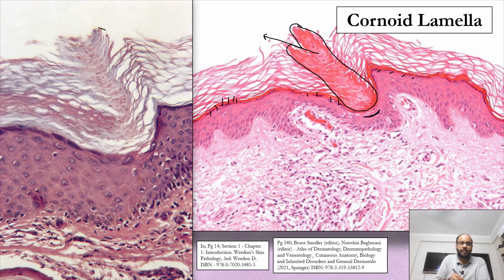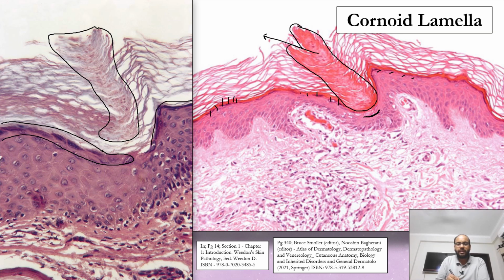In fact, in the second picture, you can see this is the parakeratotic column, and here is the granular layer. Can you see this granular layer here? And it is also present here, but it breaks off just below the column of parakeratosis. Let's move forward.